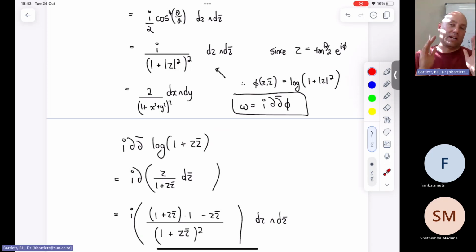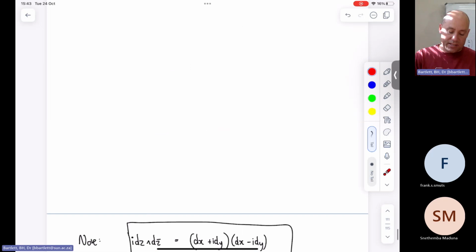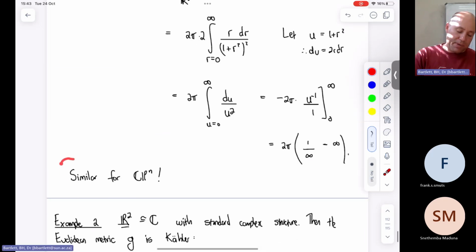So there's a natural way to write down a Riemannian metric on CPN, and you can express it in terms of the z coordinates. That's just to say that CPN is a nice example of a Kähler manifold as well. Just take the same structure that I've written down for CP1 and it naturally extends to CPN.